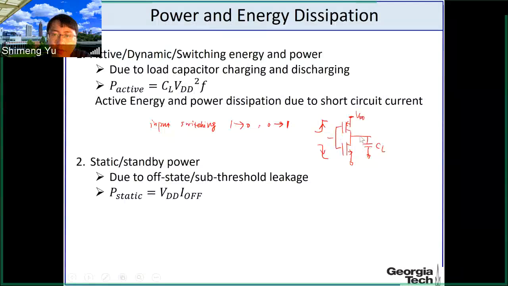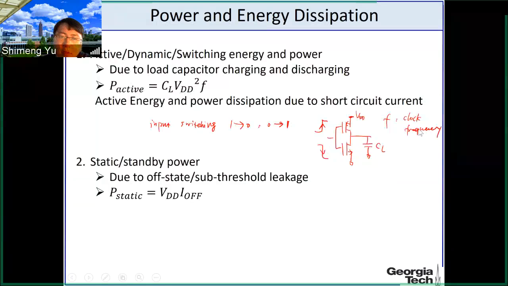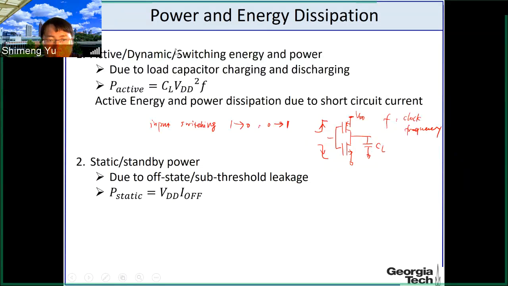We will see later that this active power is CL multiplied by the power supply VDD squared, and then f is the clock frequency. This is due to charging and discharging this cap, and we will derive this later.